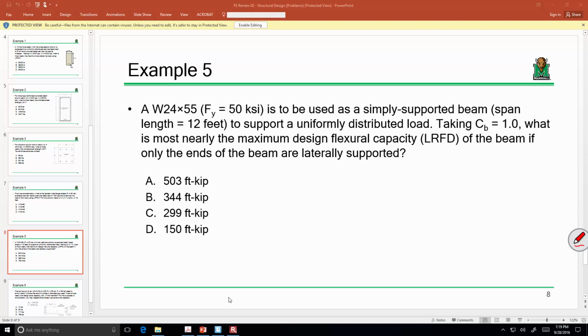For those of you that haven't had steel design, let me explain what's going on here. Okay? So in the world of steel design, we actually do beams at the very end of the class because beams, like columns, present a stability issue. Columns, as we just realized, are elements that like to buckle. Well, beams like to buckle too. You have a portion of the beam that's in compression.